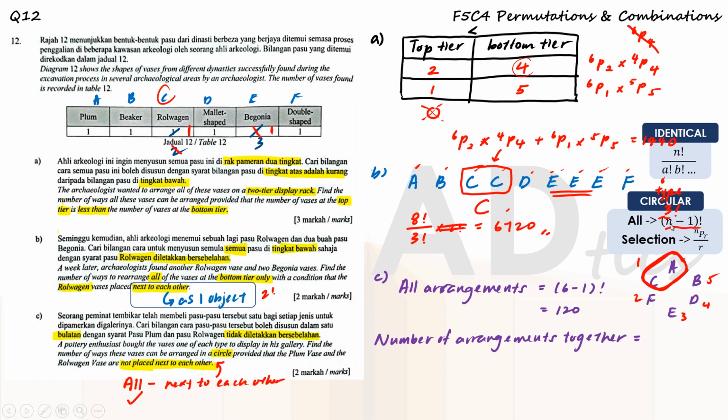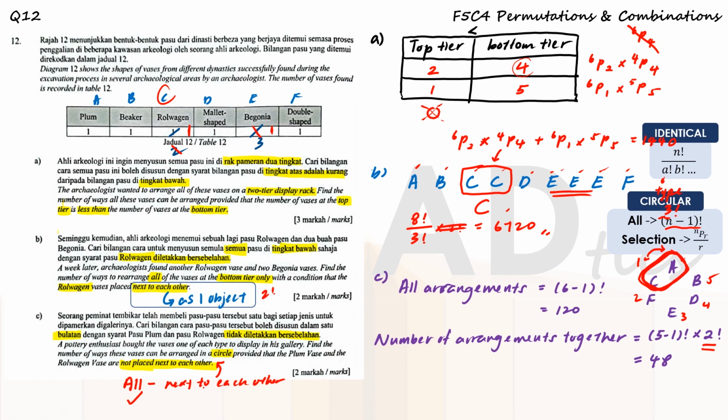So n is 5, so 5 minus 1 factorial. And here there's a 2 because these are grouped together, so there is a possibility that I can switch their places, CA or AC. So I need to multiply by 2 factorial to get 48.